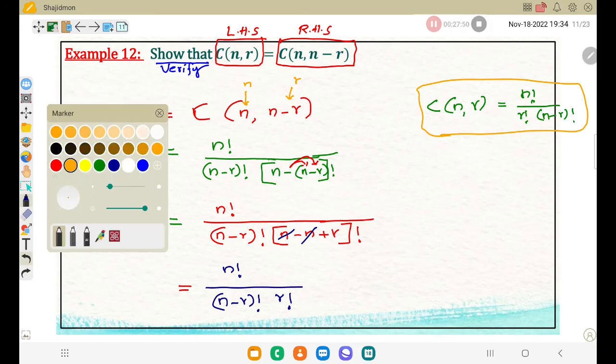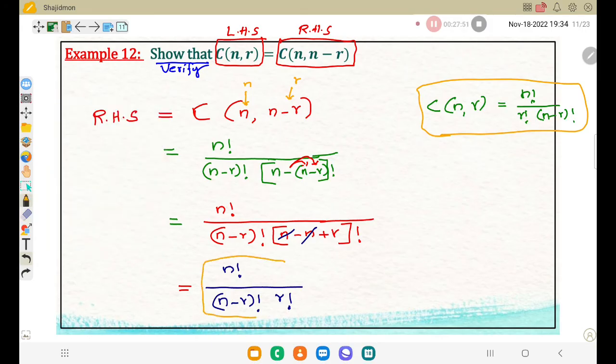Now think about this step actually. This step, n factorial divided by n minus r factorial multiply r factorial. Is it same here? Yes, it is same, correct? N factorial divided by r factorial multiply n minus r factorial. So this one is actually what? It is same as CNR, correct? This is same as the left hand side.